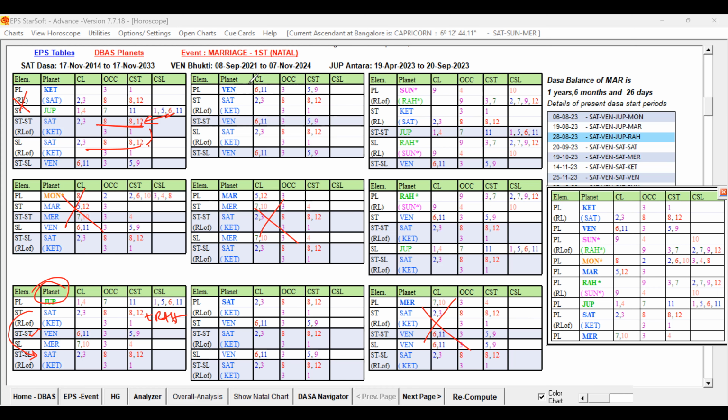Look at the source planet Venus. Venus is the 6th lord. I have been telling that though it is the 6th lord, it is favorable, right? The 6th lord can become unfavorable when it is the star lord for the 7th house matter, 7th lord or 7th sublord in the source, right? Now the 6th lord can become unfavorable also if it has some unfavorable influence. That is also not there. Now Venus is in the star of Saturn.